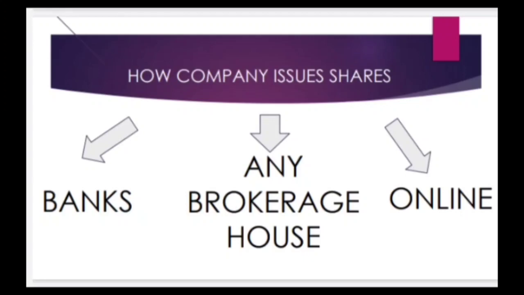Second, the company can choose a brokerage house and sign a contract with it to sell its shares. Number third, the customer has an option to buy the shares online, and through an online portal the shares can be sold to anyone.